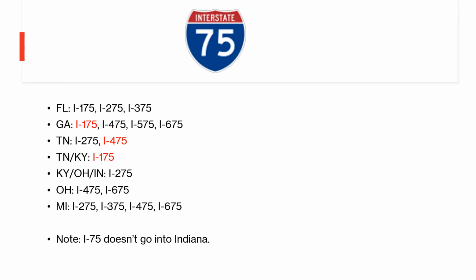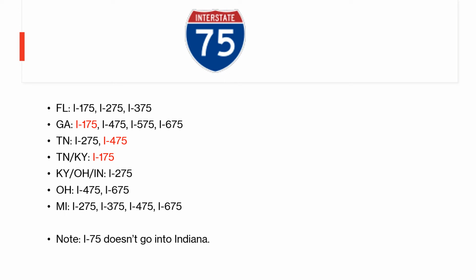I-75. In Florida, you have 175, 275, 375. Georgia, 175, 475, 575, 675. Tennessee, 275, 475. Tennessee and Kentucky, you have 175. Now, this is our first of two that go through 3 states.